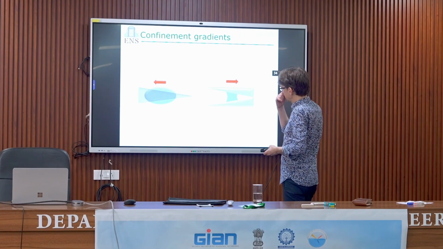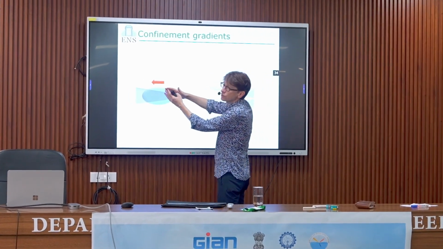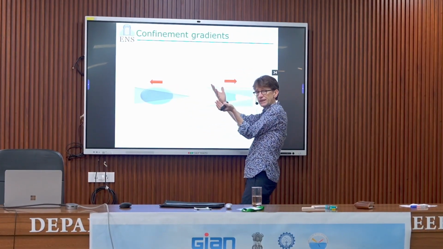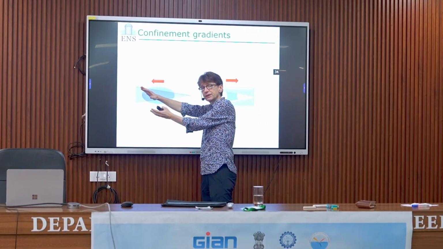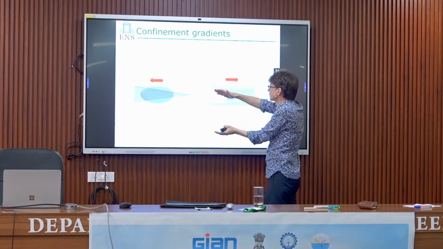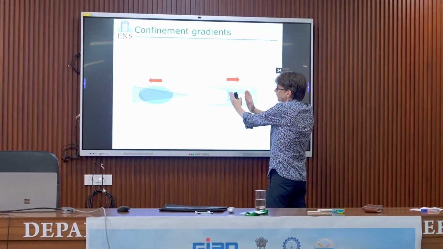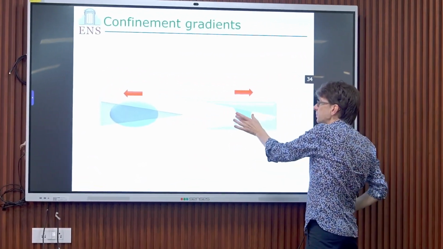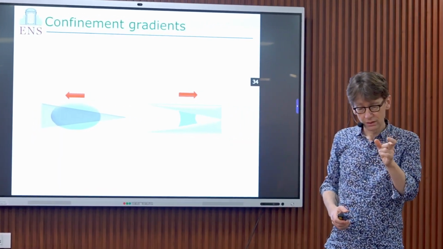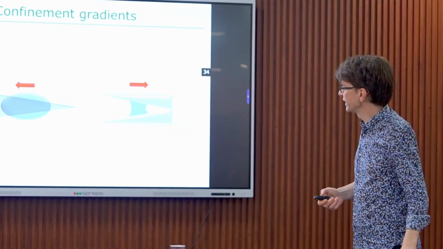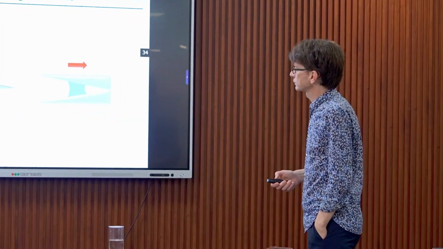So if you have a conical fiber, as I mentioned in my first talk, then in a wetting situation, the droplet will go toward the larger diameter. And if you are in a confined situation, with a gradient of confinement, the droplet will go towards the lower diameter until you reach the static point defined by the hysteresis of contact angle.